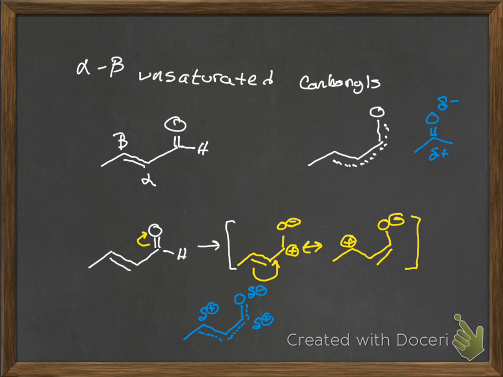And what I would like you to see on this particular example is we have two potentially electrophilic sites. Two potentially electrophilic sites. So now what we can do going forward is we'll talk about what kind of nucleophiles would prefer the carbon down here on the left with the partial positive charge.